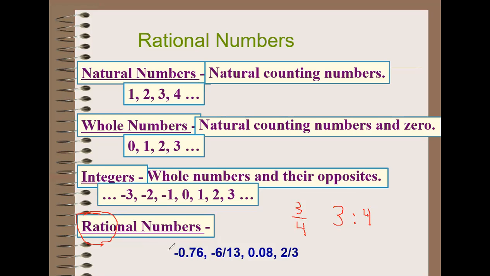Then negative 0.76. If this one belongs to the ratio, let me check with you. Can I write negative 0.76 in a fractional form? Do you remember how? How many decimal places are there here?